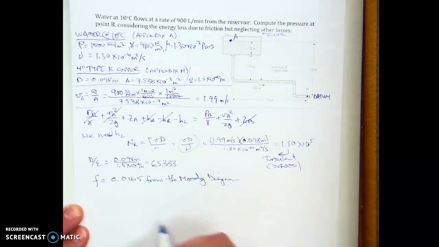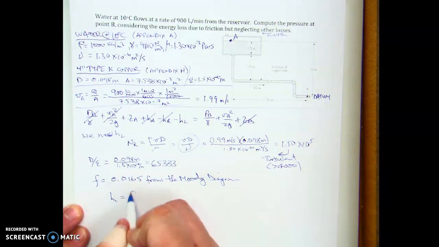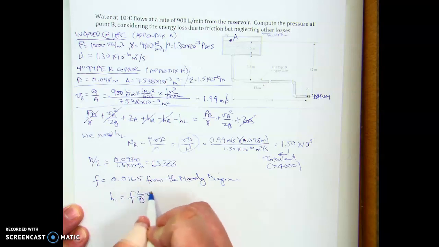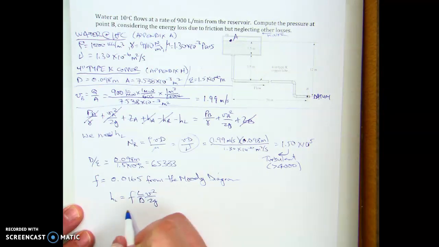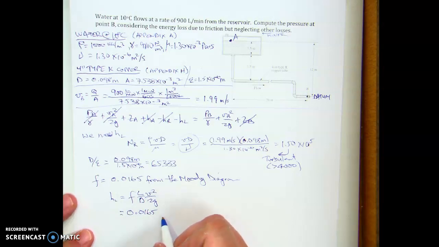So HL is FL over D, V squared over 2g. And so we have 0.0165 times our length, and I'm just going to go through this quickly.